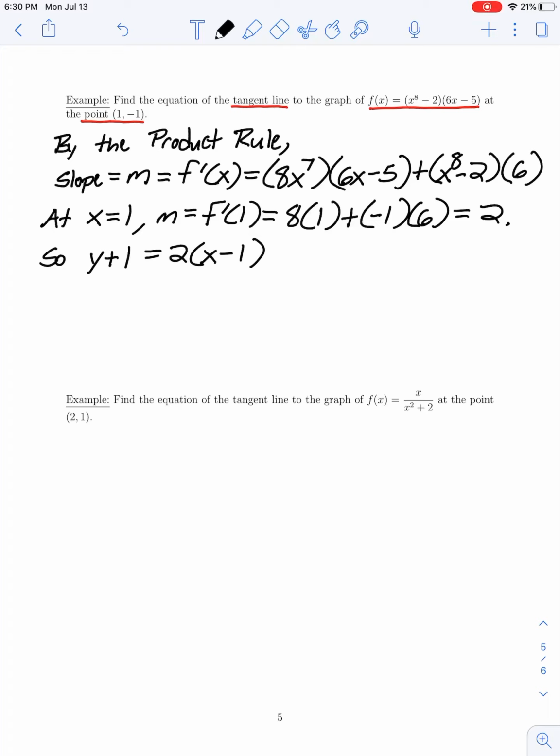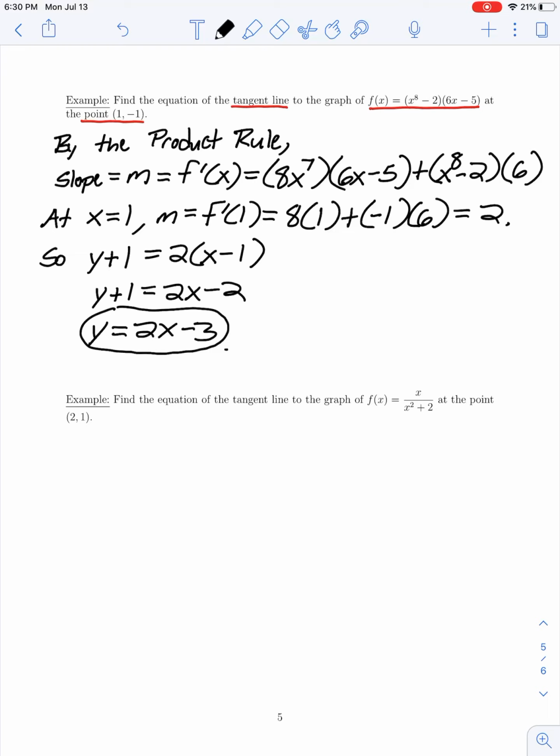So simplifying our equation and solving for y, we have y plus 1 is equal to 2x minus 2, or subtracting 1 from both sides, y is equal to 2x minus 3. So this would be the equation of our tangent line to the indicated curve at the point 1, negative 1.